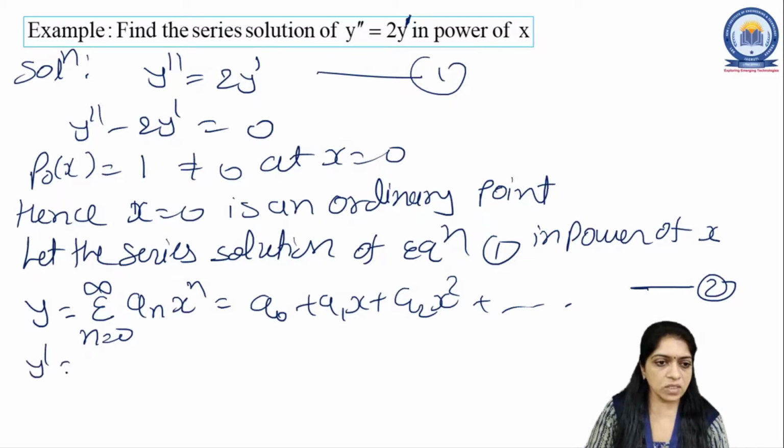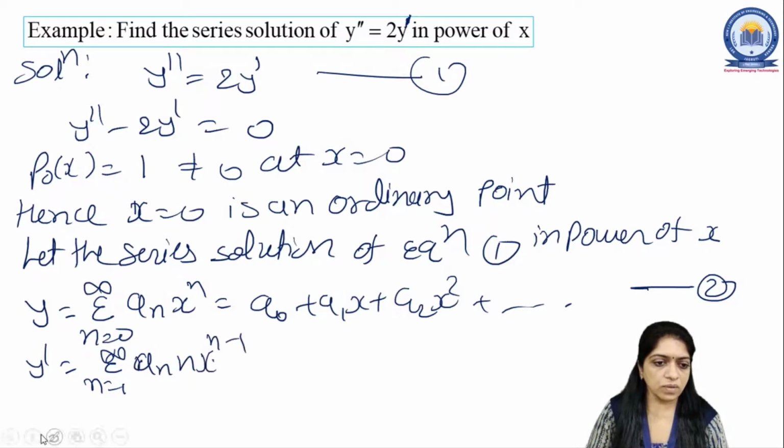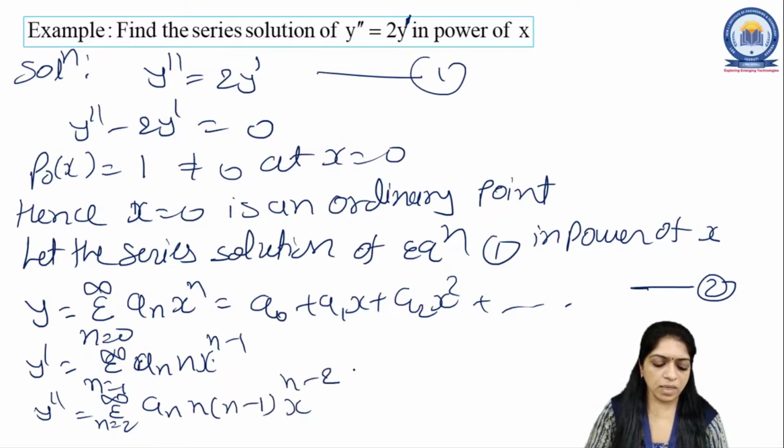Now y dash is summation n 1 to infinity n a n x raised to n minus 1, and y double dash is summation n 2 to infinity a n n into n minus 1 x to the power n minus 2.